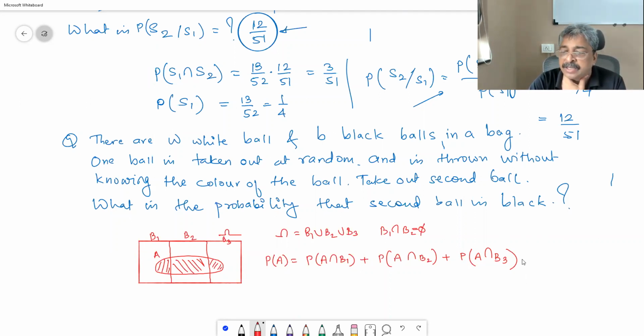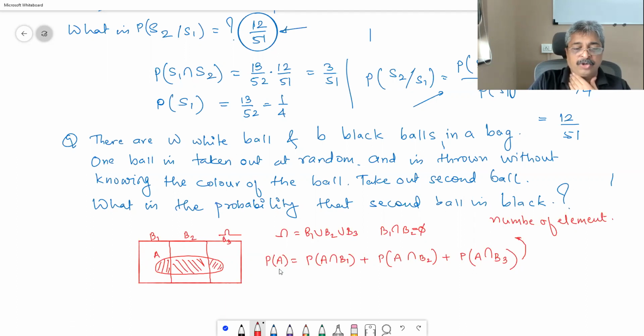Actually, you can understand this. If you are not understanding it this way, you can understand it by taking the number of elements, and every time dividing it by the total number of elements in the space omega, which converts the number of elements into probabilities, but I am writing it directly right now.